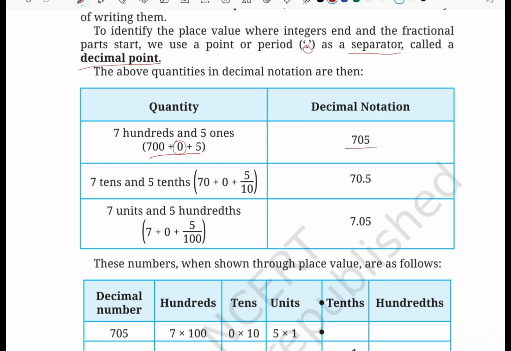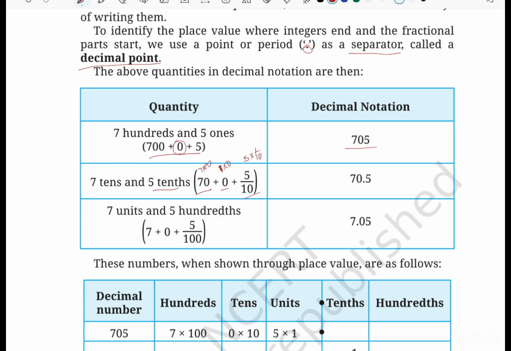7 tens and 5 tenths. That means 7 into 10, and ones are not there, so 1 into 0. And 5 tenths means 5 into 1 by 10, that is 5 tenths.